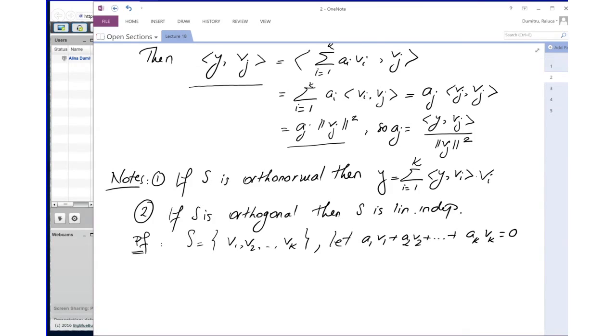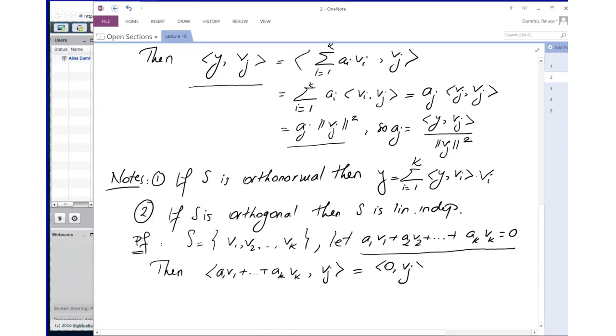We want to show that all the coefficients must be 0. So in the linear combination equal to 0, we'll take both left and right, the inner product with some Vj, fixed j. So (a1 v1 + ... + ak vk), inner product with Vj, equals 0, inner product with Vj, the inner product between 0 and anything being 0.